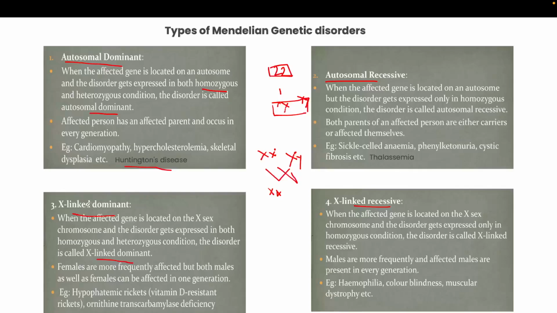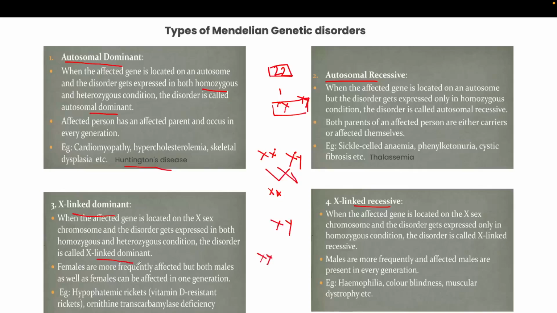And because it is an X-linked dominant disease, females are more frequently affected. In men there is X and Y, so males are not that much affected. Females are more frequently affected because females have two X chromosomes, right?